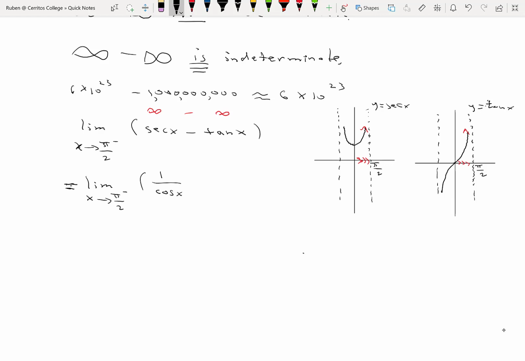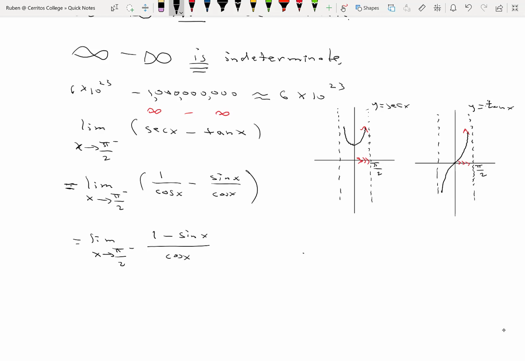So the secant function is 1 over the cosine. The tangent function is sine over cosine. So this function then becomes the limit as x approaches pi over 2 from the left of 1 minus sine, the same denominator of cosine, so over cosine.